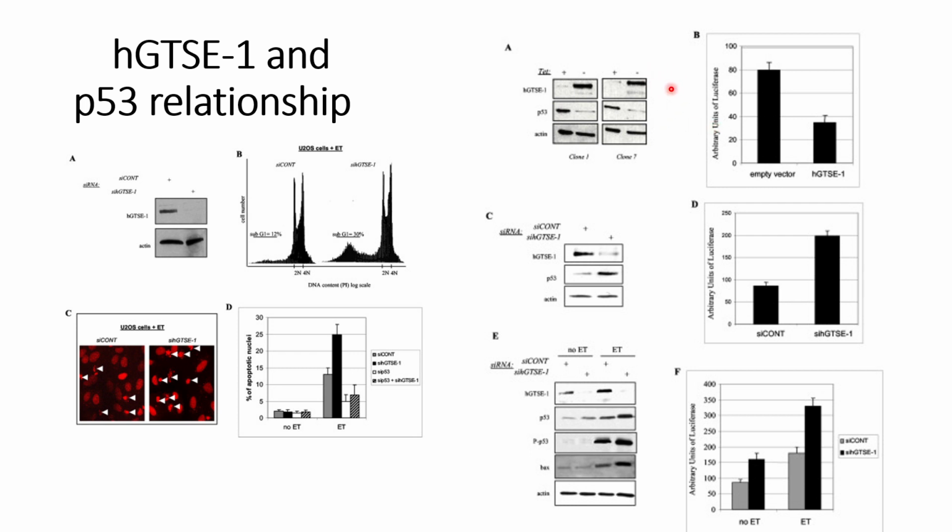So hGTSE will somehow regulate the levels of p53, and the amount of p53 will regulate the apoptosis of the cells. The second hypothesis they need to check with the next experiments.